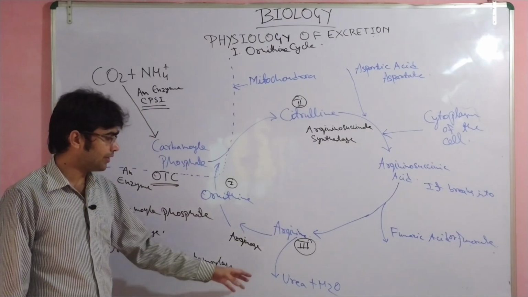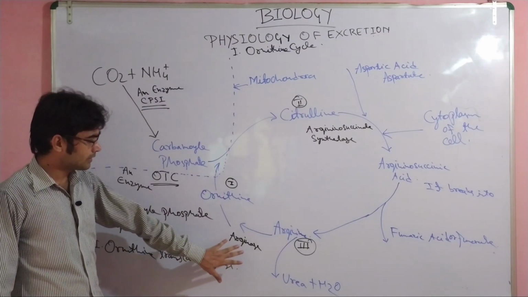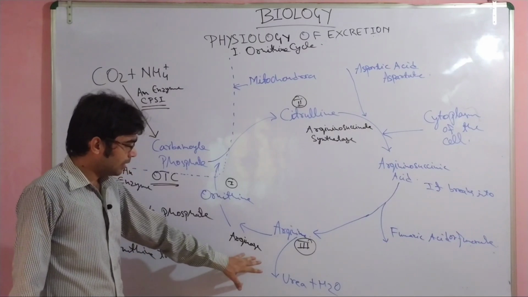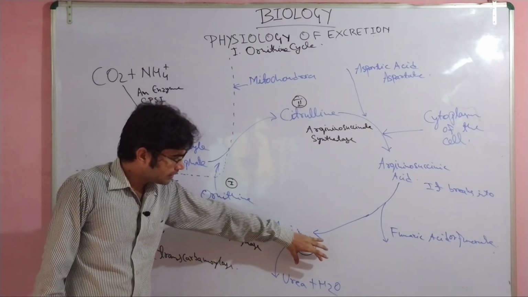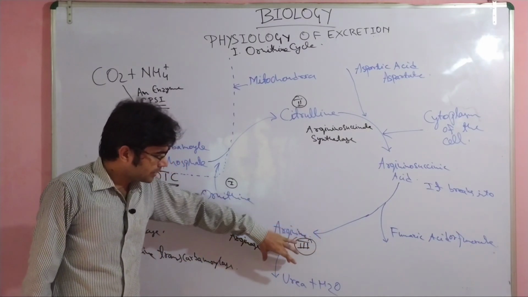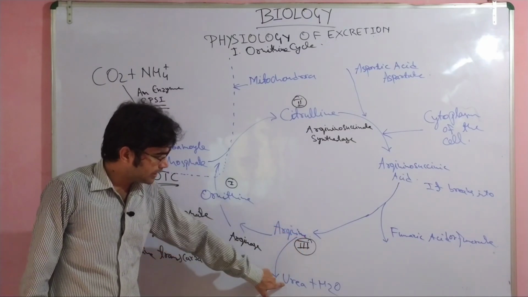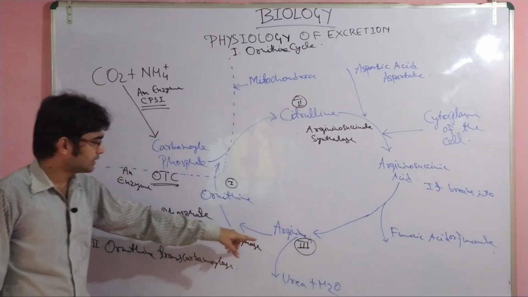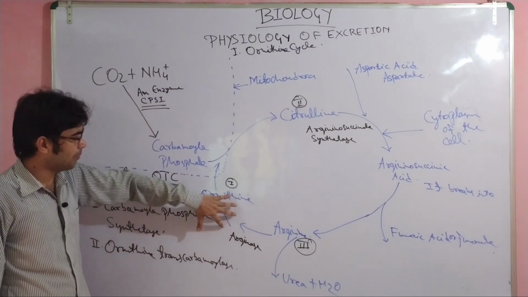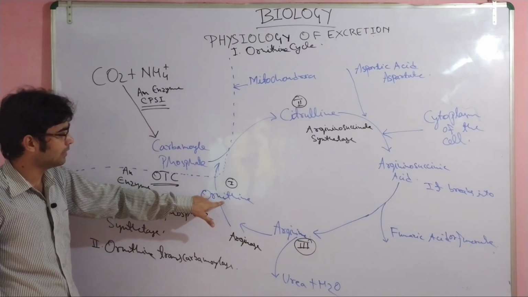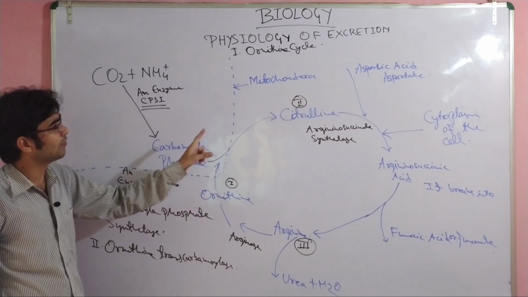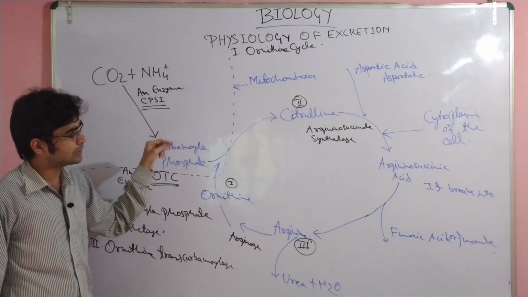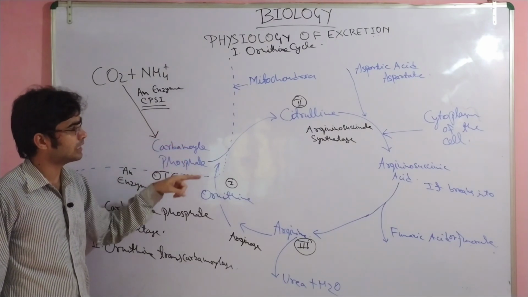So students, I just told you about the urea and H2O. This urea is eliminated along with the water, and the remaining part, the amino acid ornithine, will participate in the further reaction, and this cyclic process will be continuous in the liver cells.